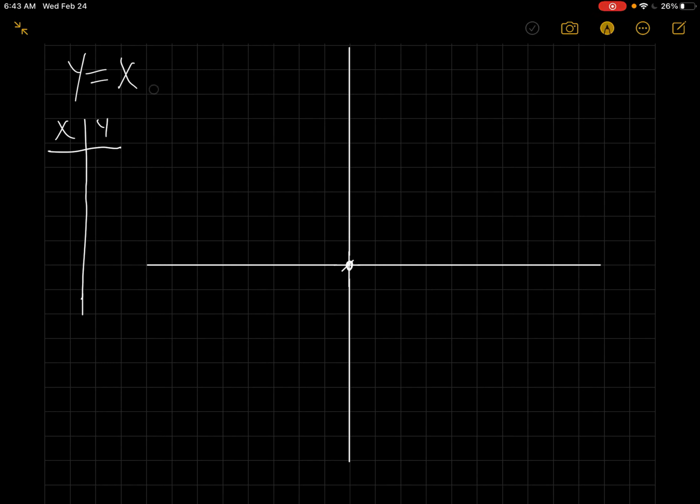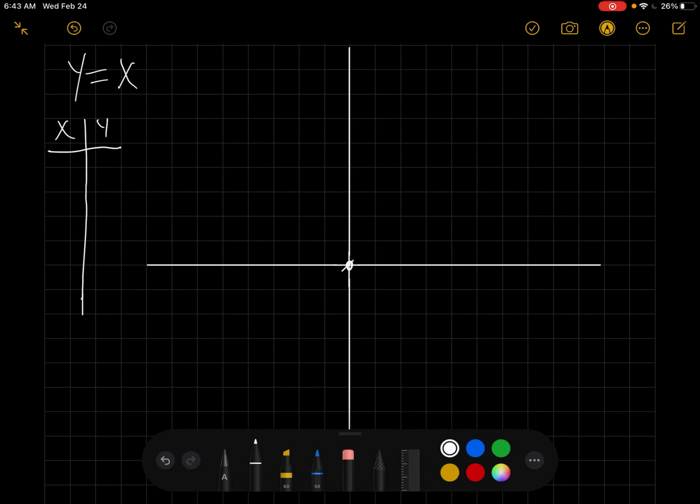So let's talk about a linear function first. With a linear function, we have y equals x, right? Say that we were to plug in 0 into this function, we get y equals 0, right? So here at the origin. If we were to plug in 1, we would get an output of 1. If we were to plug in 2 as our input, we would get an output of 2, right?